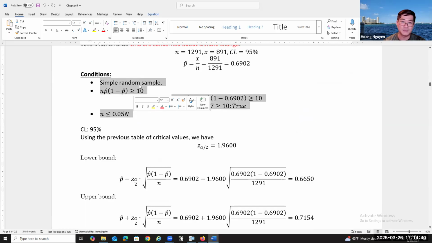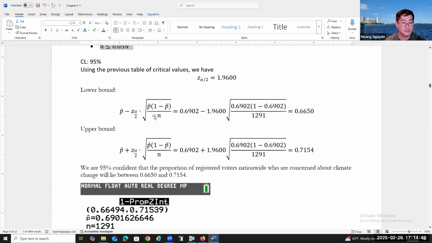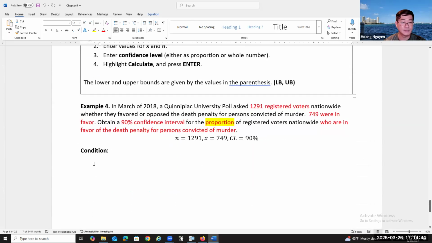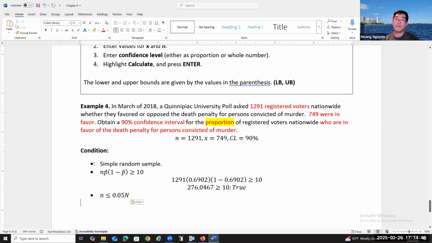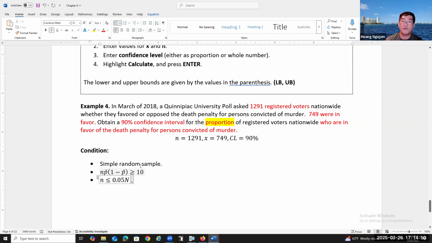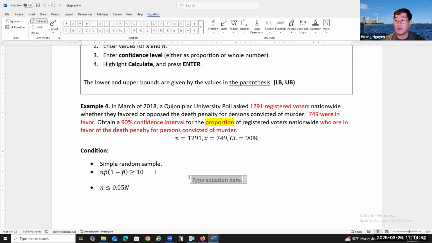These are the 3 conditions that we have to check, everyone. The first condition, make sure that we have a simple random sample. The second condition, make sure that the sample size n times p hat times 1 minus p hat is more than or equal to 10.